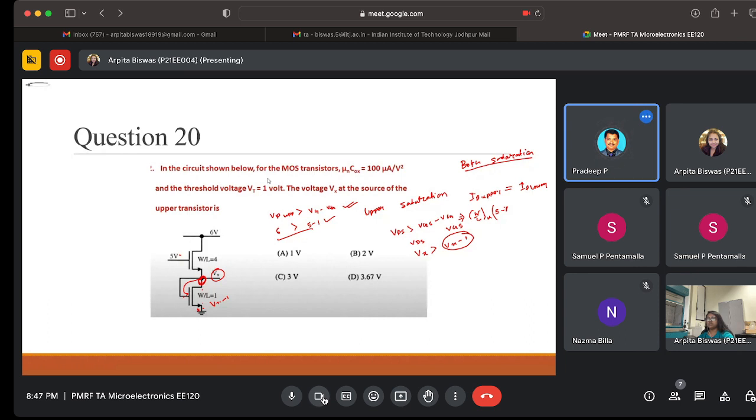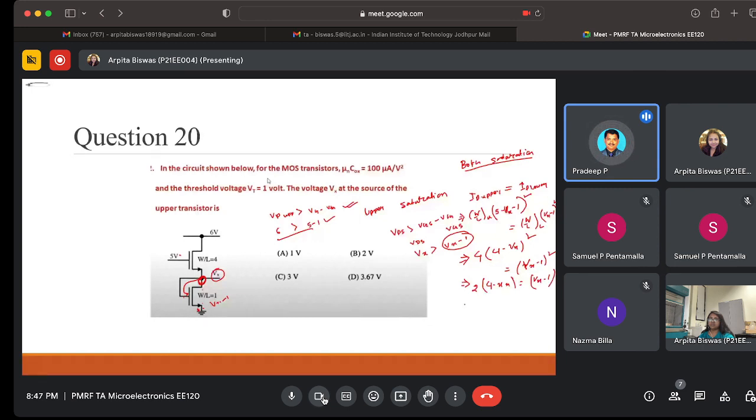Then this side we will get 4 into 4 minus Vx whole square, and this side Vx minus 1 whole square. Can we cancel out this square from both sides, like 2 into 4 minus Vx, right? Vx minus 1. Can we write it?